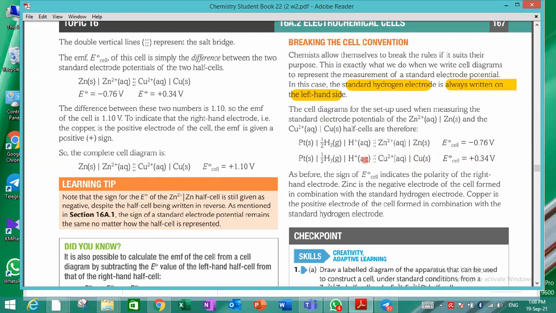Usually, when we measure the standard electrode potentials, we write the system in this way. We always put the standard hydrogen electrode on the left-hand side and the other one on the right-hand side, even if, for example, the zinc is the one that releases electrons. It doesn't matter. When it is connected to the standard hydrogen electrode, the shorthand notation or the cell diagram will be written in this way.